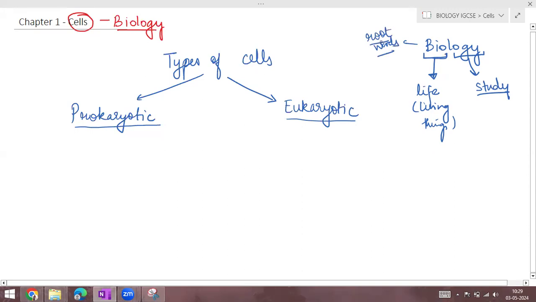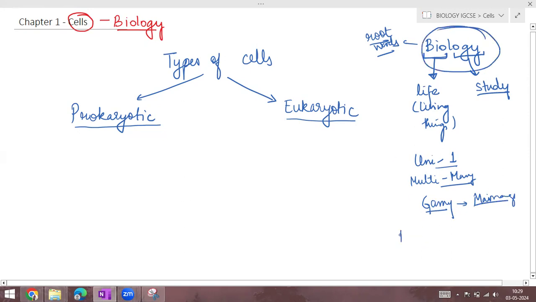These are root words. Like we saw even there, uni means one and multi means many. So these are also root words. One word like gamy, gamy means marriage. Also, for example, if we talk about the word bioluminescence, you might have heard of it.